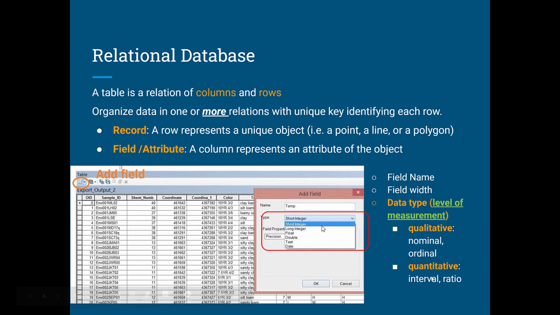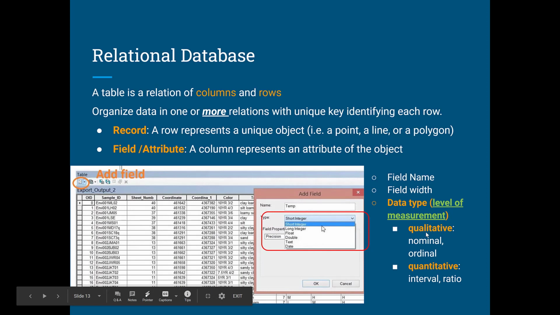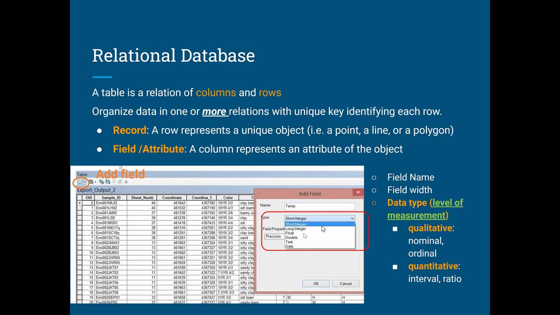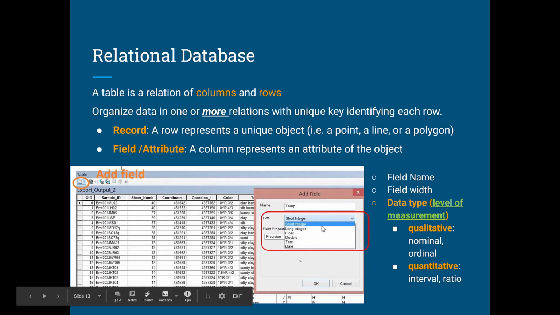If the field is going to store qualitative information, like nominal, a name, or ordinal, an order, we are going to use text. If it's quantitative information with decimal places, we use float or double. There's no big difference, okay?